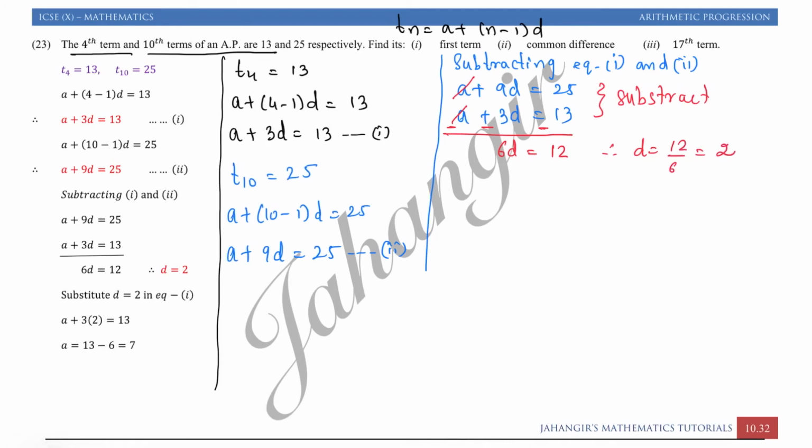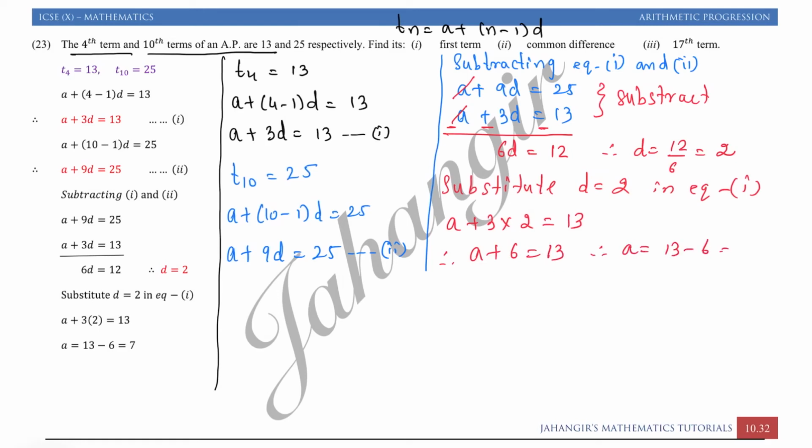Now you got D. We will substitute D is equal to 2 in equation 1. So equation 1 is A plus 3 into D, that is 2, is equal to 13. So therefore A plus 6 is equal to 13. So therefore A is equal to 13 minus 6, which is 7.